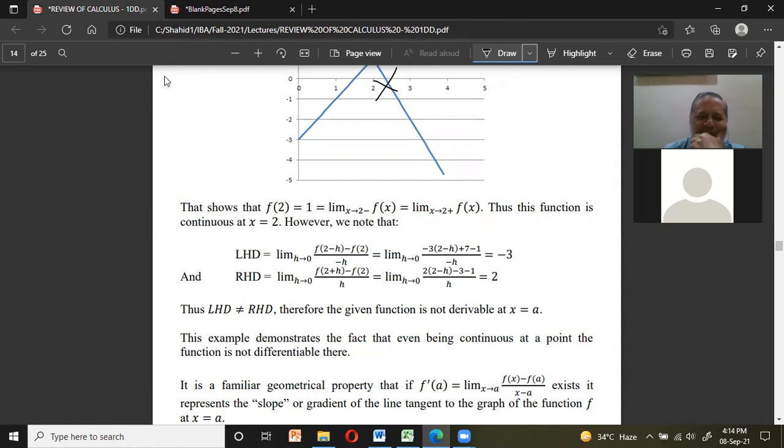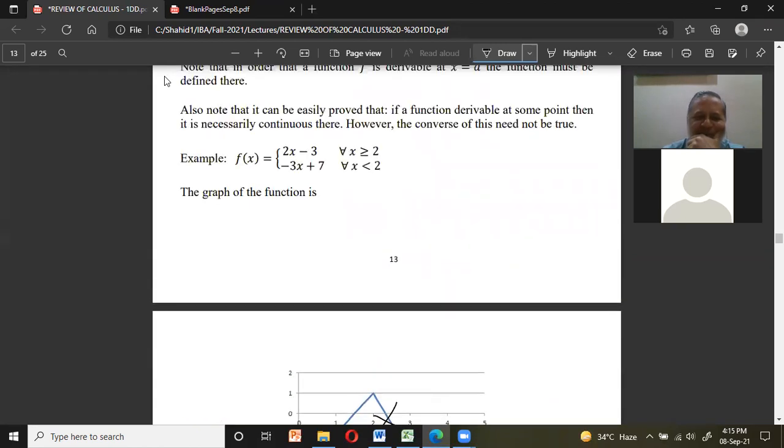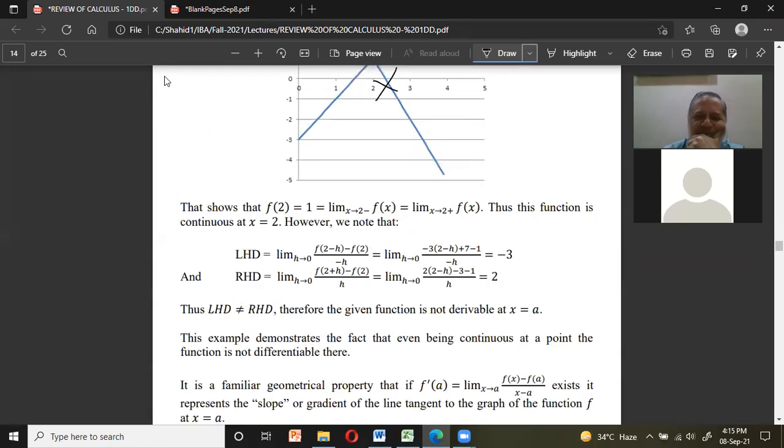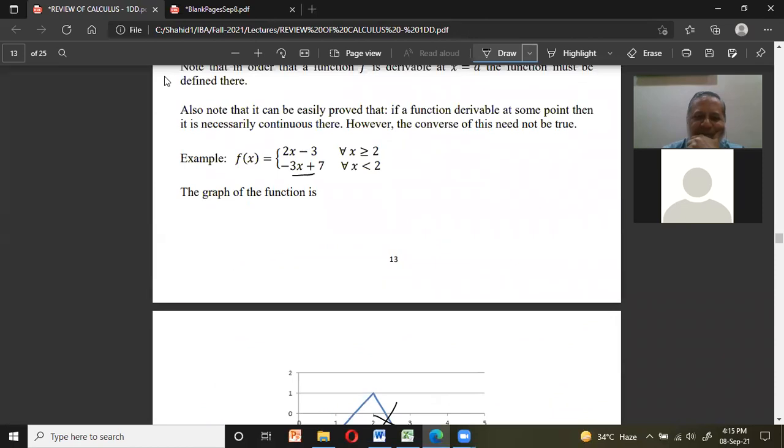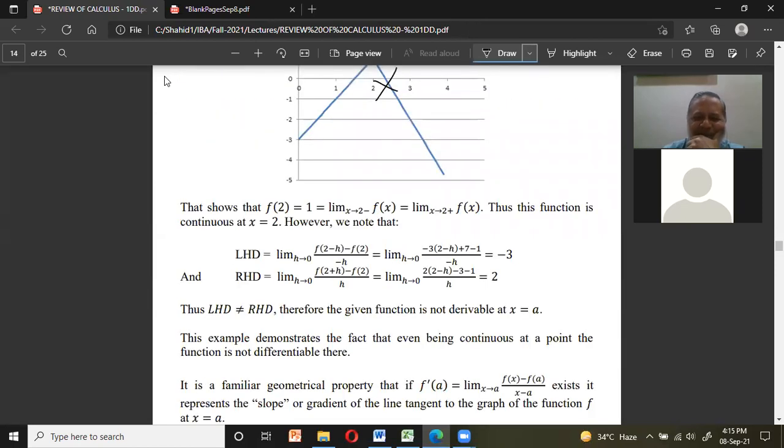However, we note that अगर मैं ये evaluate करूं x is equal to 2 पे मैं left hand derivative evaluate करूं तो f of 2 minus h लिखूंगा. लेफ्ट हैंड साइड के लिए मैं ये फॉर्मूला इस्तेमाल करूंगा. So minus 3x plus 7, this formula, minus 3x plus 7, x replaced by 2 minus h.